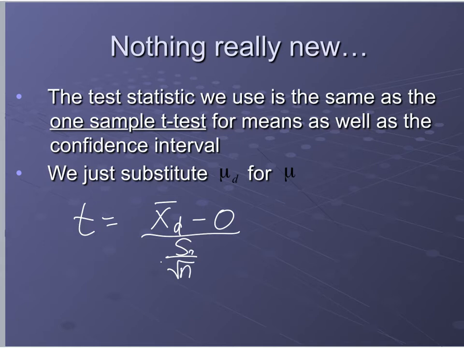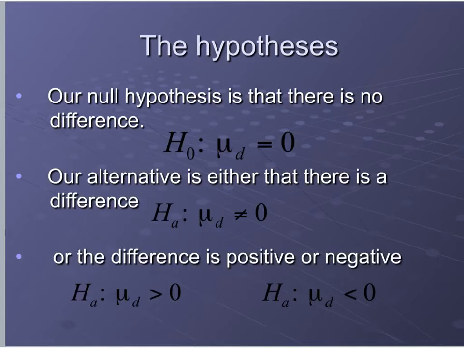The standard deviation of the differences divided by the square root of n. I was thinking about chapter 24 with the big square root sign. So our hypothesis is that the mean difference is equal to 0. There is no difference. And our alternative is the same, big surprise: not equal to, greater than, or less than.